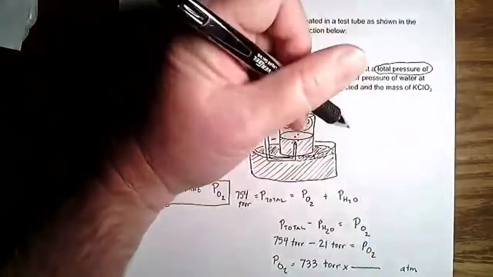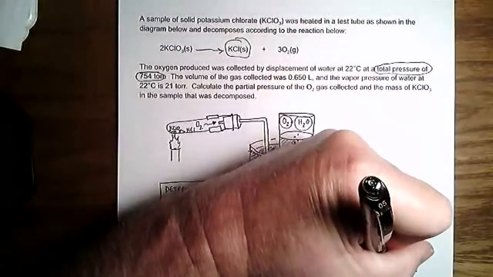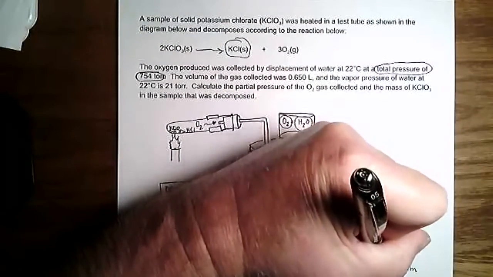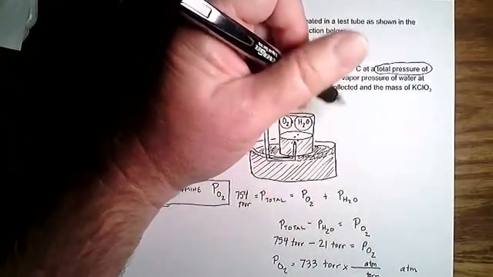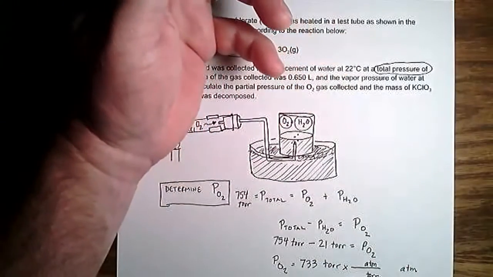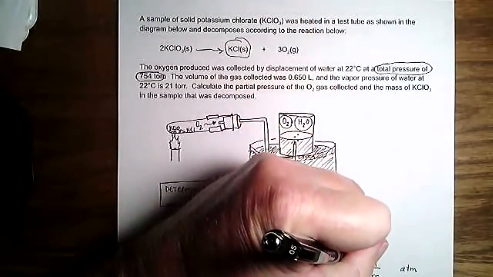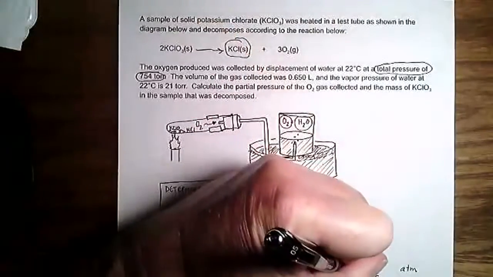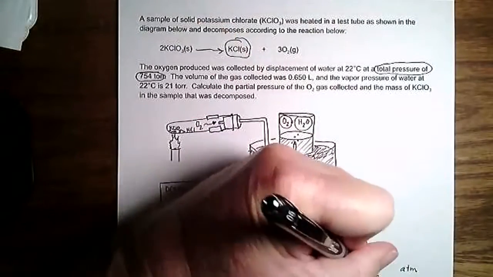times a fraction bar, I want torr on the bottom. I want ATMs on the top. And then remember, I need to put numbers in here that are basically going to be equal pressure. So I would say that 1 ATM is equivalent to 760 torr.